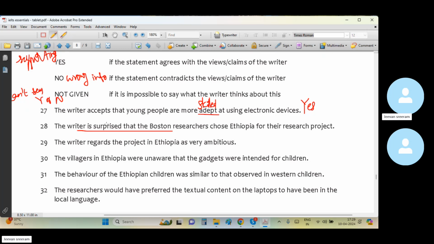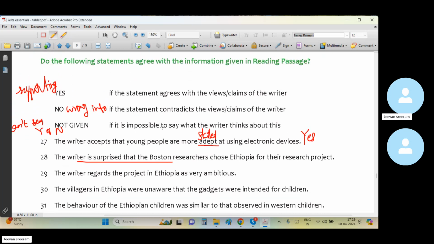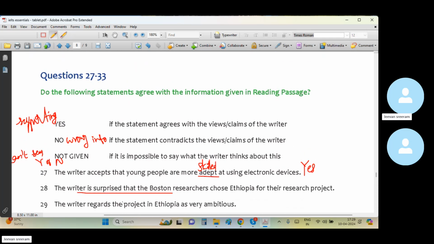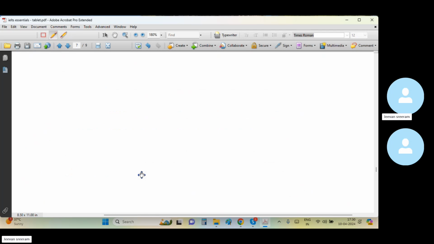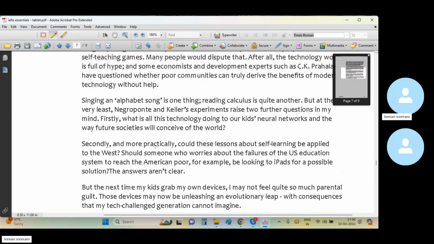Whenever you come across these sorts of sentences, please try to observe. It's not only about finding a paraphrased version of surprise. There might be some other vocabulary that can also support the meaning given in the sentence, that is, the writer is surprised. This idea may be supported by some other vocabulary or phrases given in the passage.